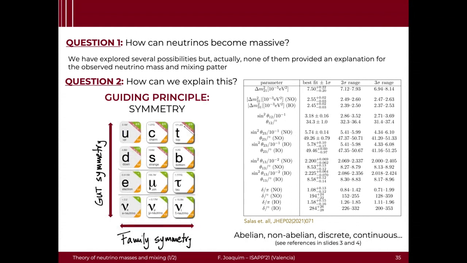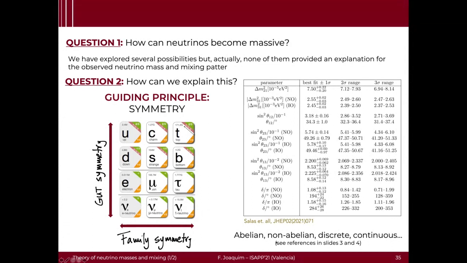But now the symmetries that we must introduce are a different kind of symmetries. Up to now, the only symmetries I've told you about are gauge symmetries, which act vertically in this generation chart that I showed you on Friday. But now I'm interested in exploring family symmetries, which connect the different flavor families of the leptons and possibly also quarks.